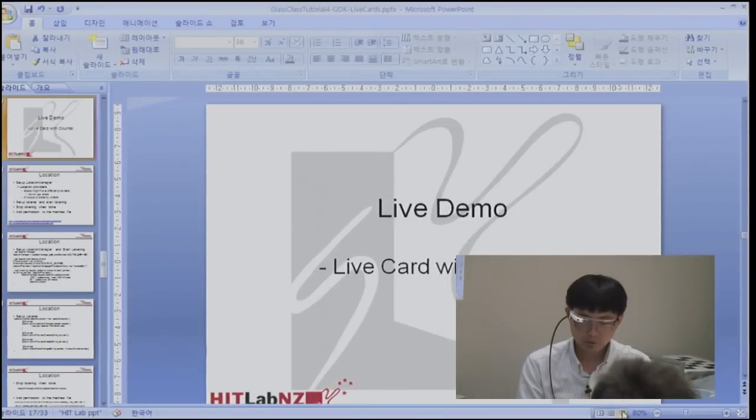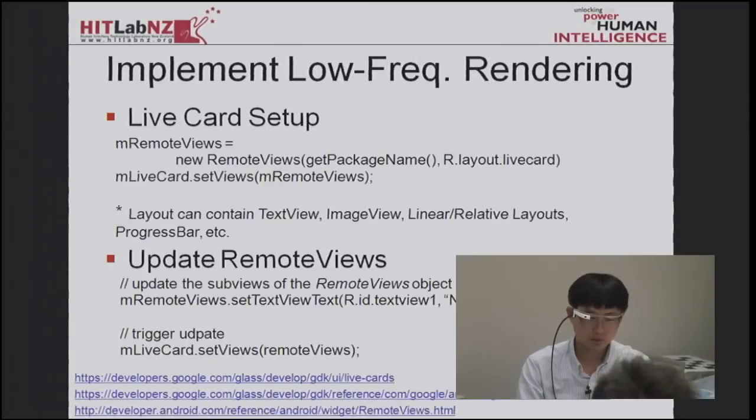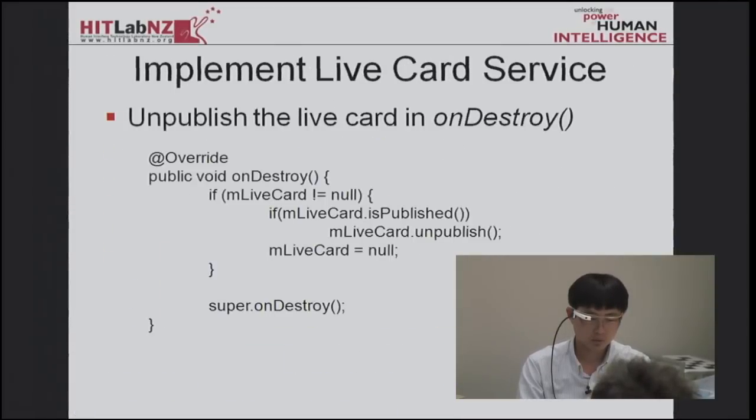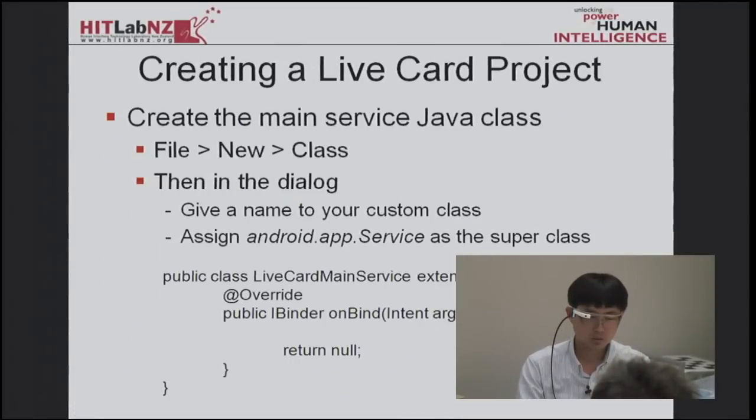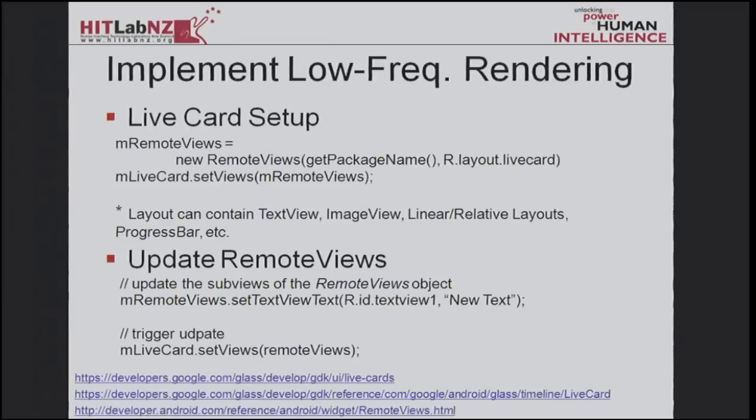If we go back a couple of slides to low frequency rendering, you can see that whenever you want to update your remote view, you either create another remote view or reuse the remote view you've set initially, then update some of the content and trigger the update by calling setViews again.